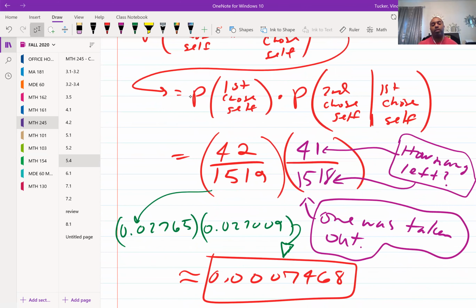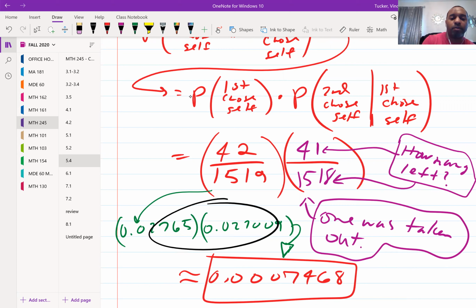Then you multiply those two together, whether you want to multiply in fractional form or decimal. My math lab will let you know how they want that answer and how many decimal places they want you to round to. Someone must have asked a question about the part in green. You really didn't have to do that.